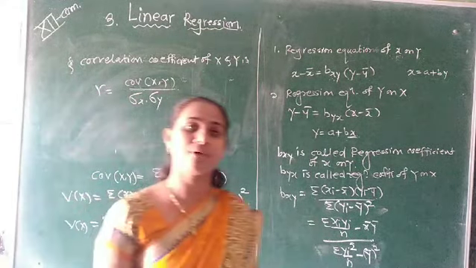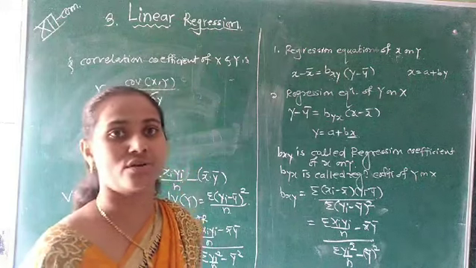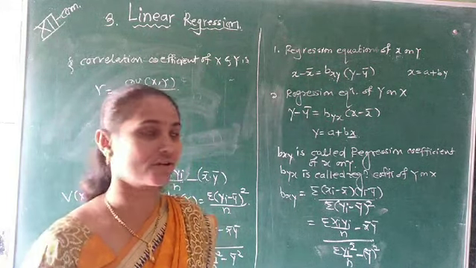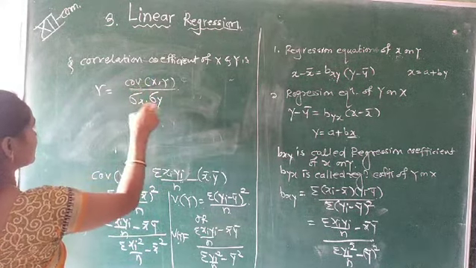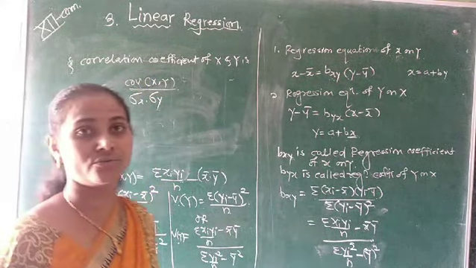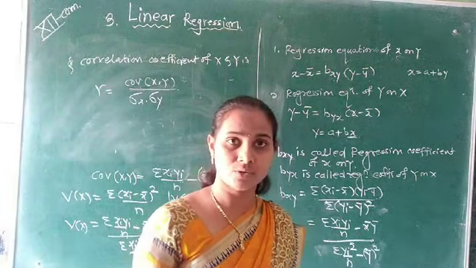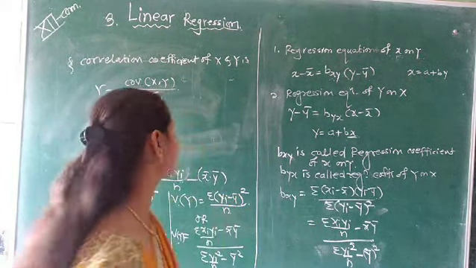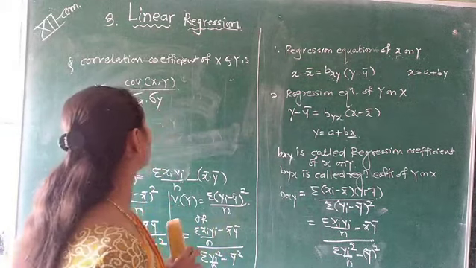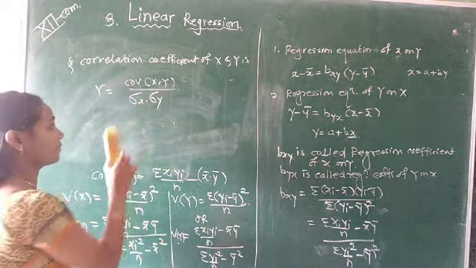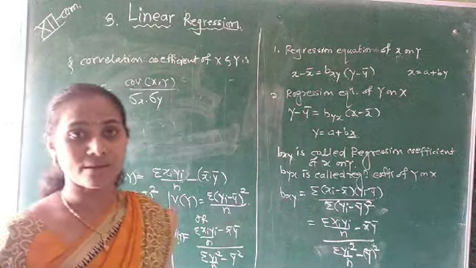Sigma x and sigma y mean the standard deviation of x and standard deviation of y. If we know the two values, covariance and the standard deviations, then we can find the correlation coefficient between x and y, denoted by the small letter r, and the formula is covariance of xy upon sigma x into sigma y.